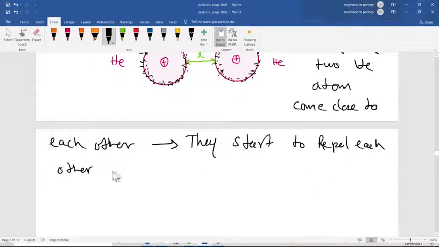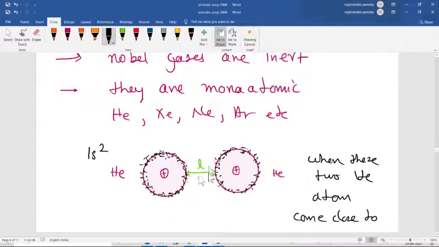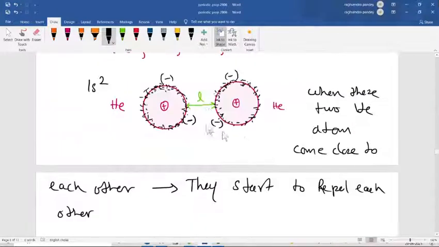When they start to repel each other, they cannot just go and touch. They can never touch each other, because here there is the negative charge of the electron all over this. So there is a repulsion between them. The electrons on the outer radius repel each other. So there is a minimum distance that they can come close to each other because of the repulsion. They repel each other due to the outer electrons.